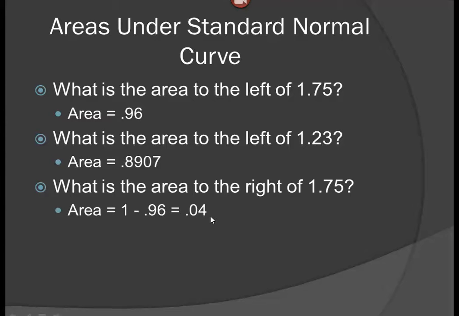Of course, you'll notice the area to its right is equal to the area to the left of negative 1.75. That's because the curve is symmetric. So if you have the same number but different signs, you're going to be finding similar areas.